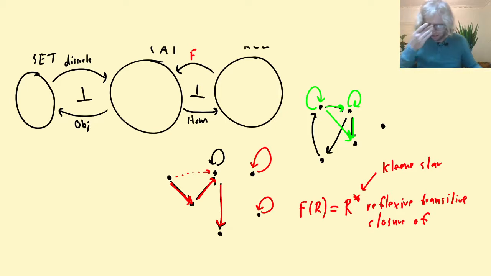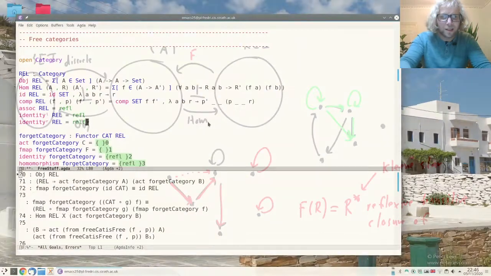So it means you can iterate this as many times as you want, zero or more. Zero for reflexive, more for transitive. Okay, so let's see if we can do this.